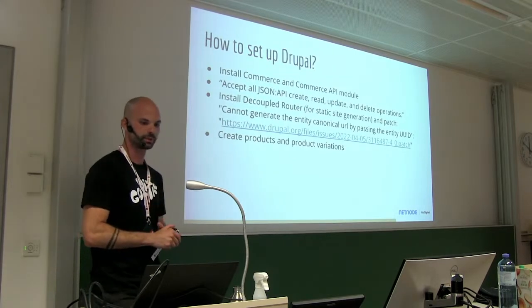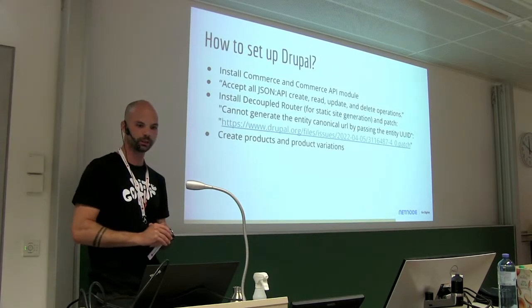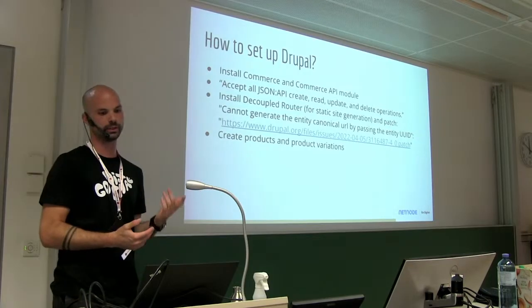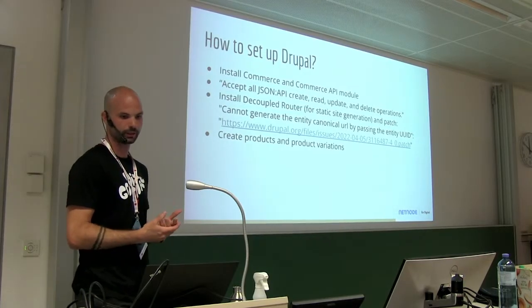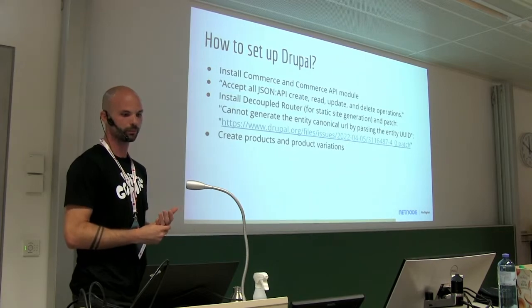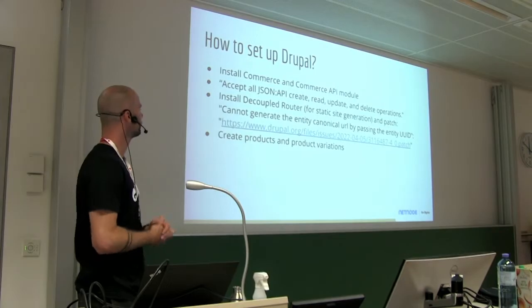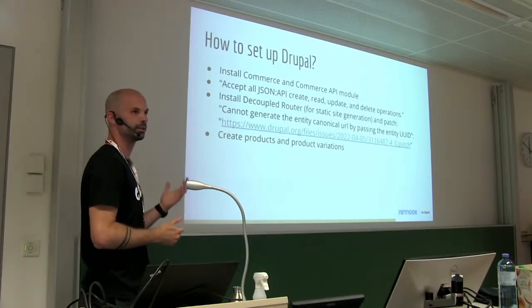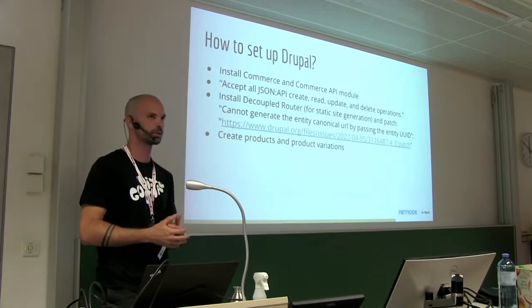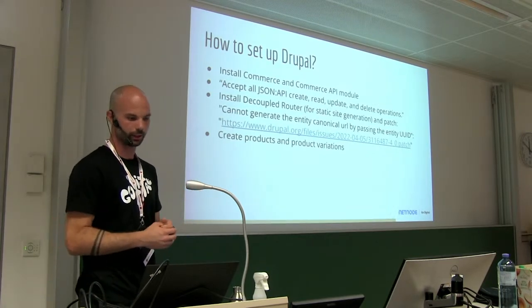So how do we set up the Drupal site? You need the Commerce module, you need the Commerce API module, and for the Commerce API module, you also need to configure that you want to accept JSON API create, read, update, and delete operations so that you can use the CRUD operations.